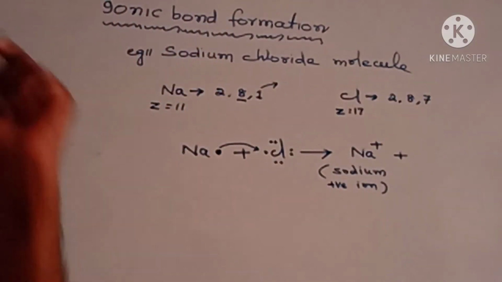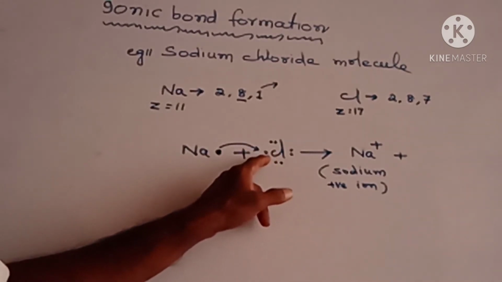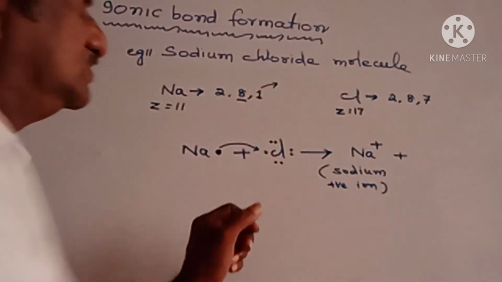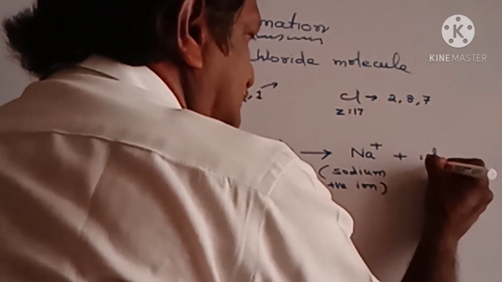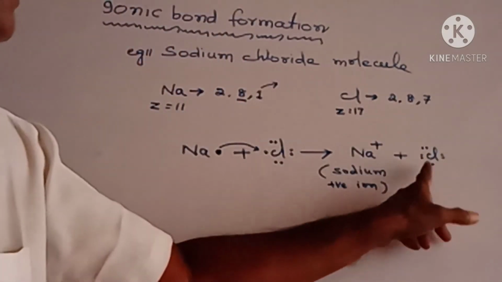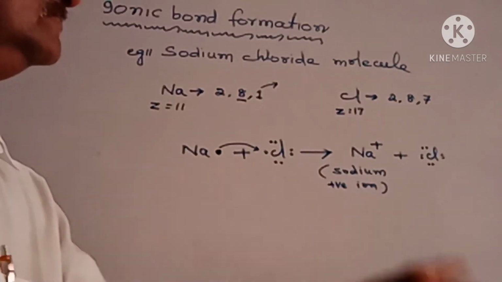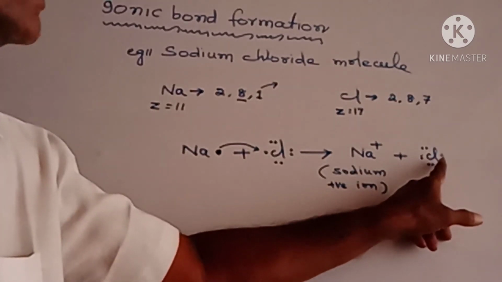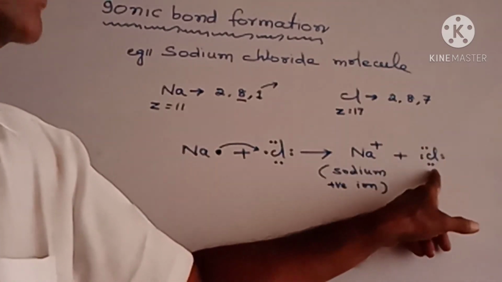Then, whenever the chlorine atom receives the electron, it turns into a negative ion, the chloride negative ion. Why? Because it has taken one electron additionally, so one negative charge is additionally joined.